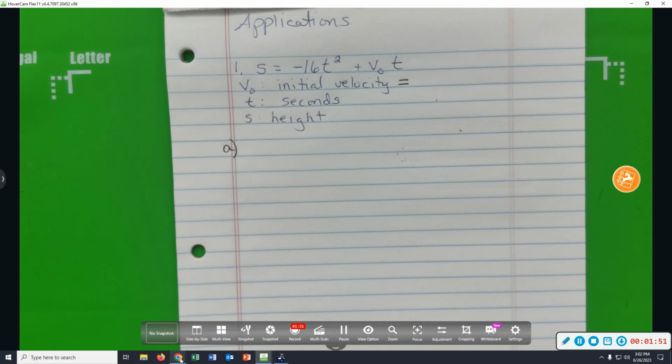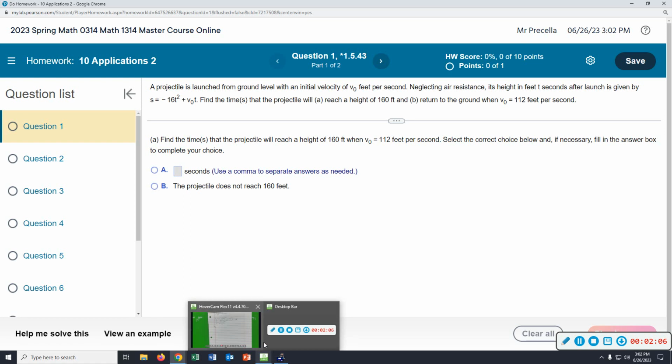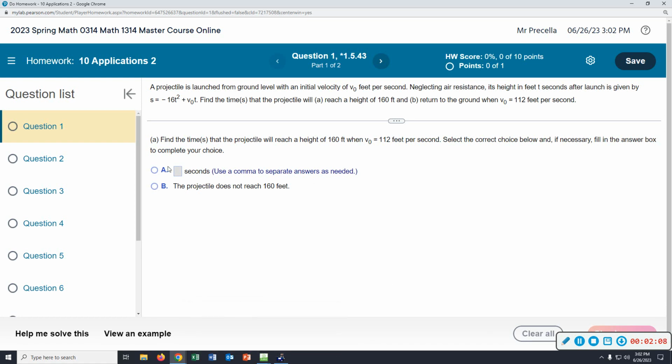What do they tell us there in the problem? What is that initial velocity? You'll see it? 112. There it is. 112 feet per second. And then it says, find the times that the projectile will reach a height of 160 feet. So we want to know, when will the height be 160 feet?